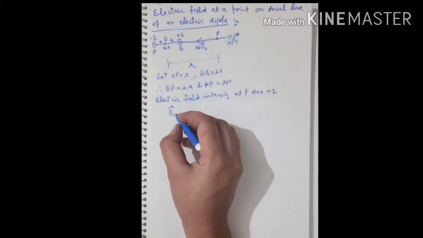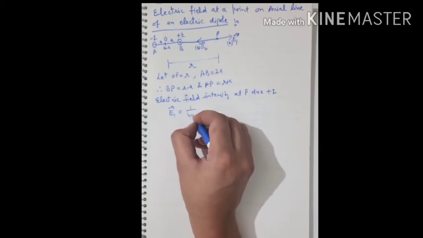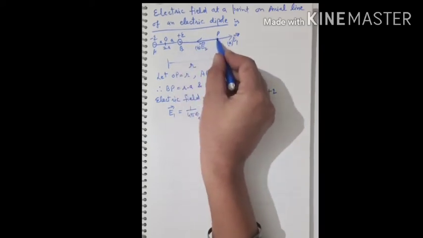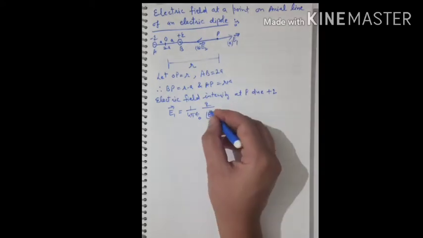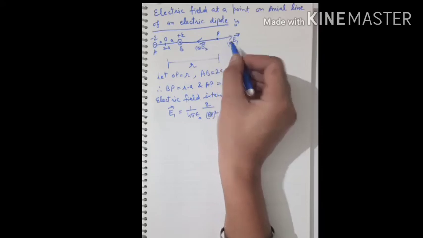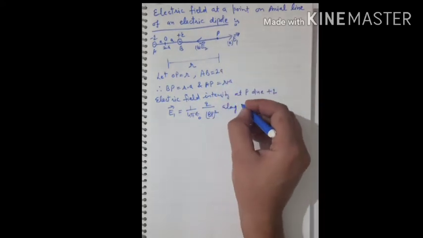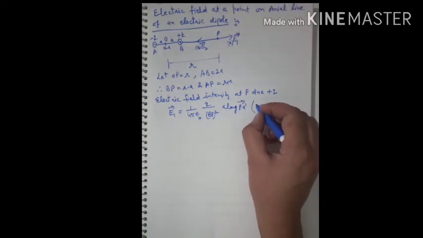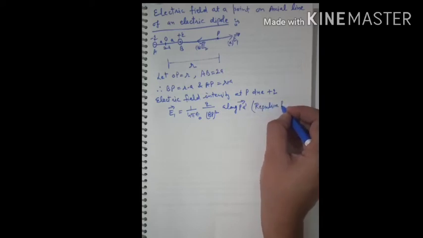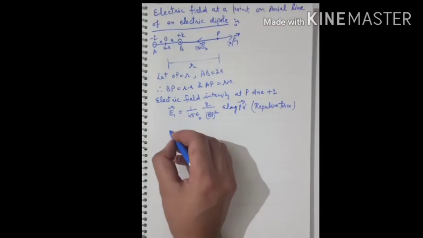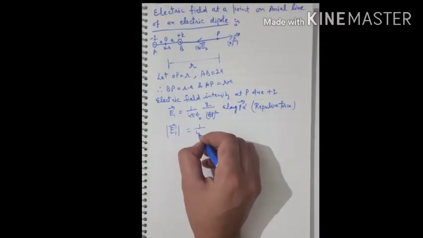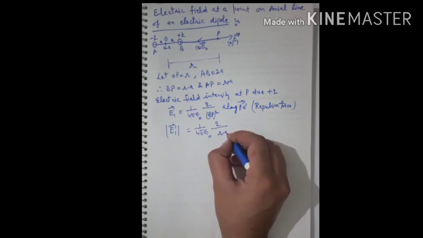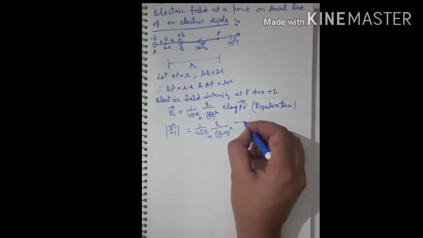So the electric field intensity E1 vector is equal to 1 by 4 pi epsilon naught, q by r square, where r is from B to P, so BP square. This electric field intensity is along the direction of P away from the charge, the repulsive force. In magnitude form, E1 is equal to 1 by 4 pi epsilon naught, q by (r minus a) square, since the BP distance is r minus a. Say this is equation number 1.